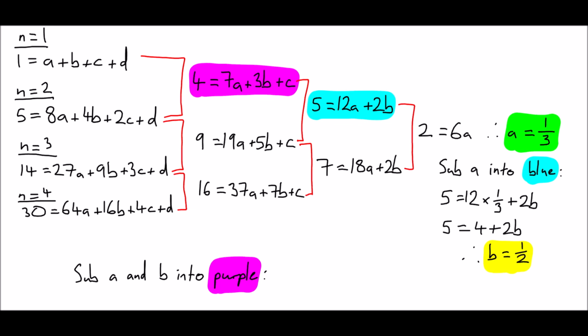Okay, so we'd now have that 4 equals 7a. Well, if a is 1/3, 7a is 7/3, plus 3b. If b is a half, 3b is 3/2, plus c. Therefore, we get that c is 4 take 7/3 take 3/2.